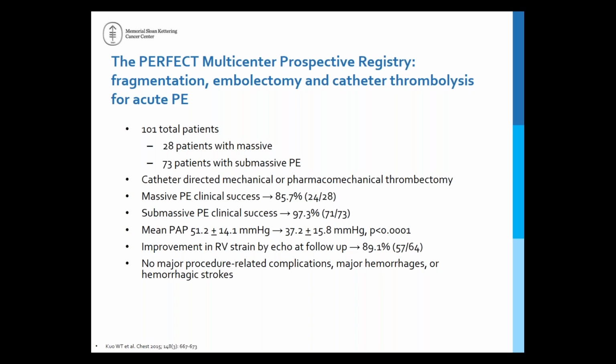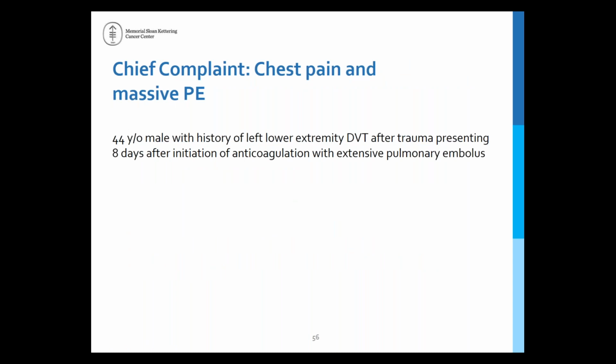It works. They show that the mean pulmonary artery pressure decreased substantially, and very importantly, what we care about is that the right ventricular strain on echocardiogram improved. And again, no major procedure-related complications, no major hemorrhages, and no hemorrhagic stroke.